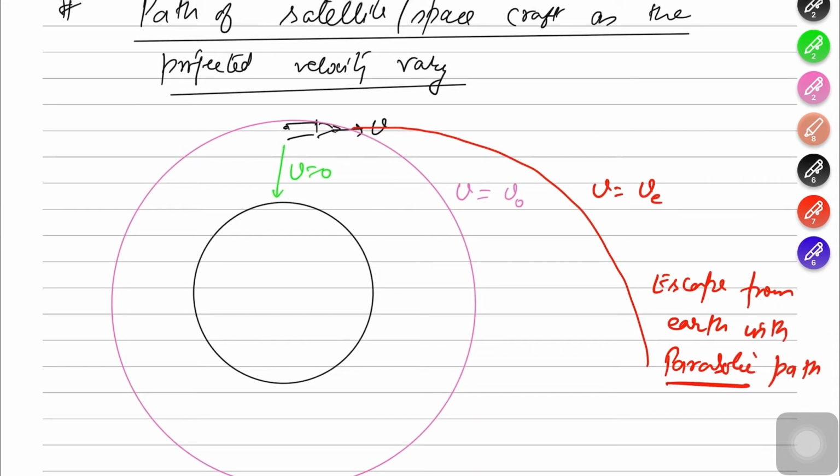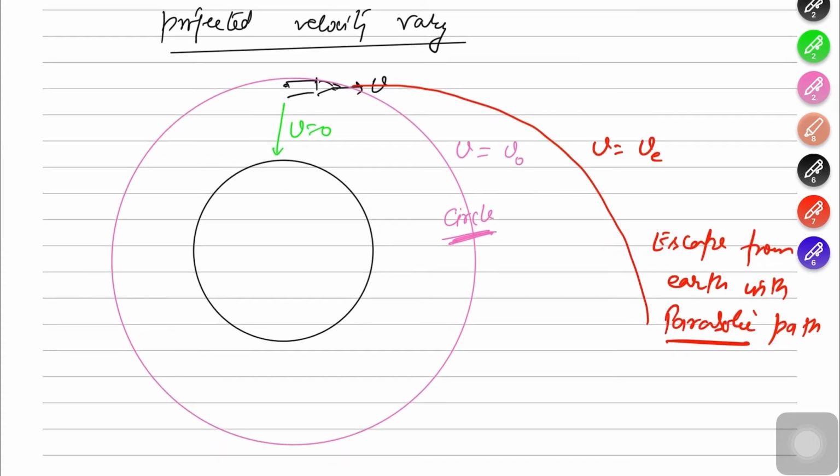Whereas in case a spacecraft is projected at orbital speed, then it will revolve around the Earth and the path followed is a circle. And if projected with escape velocity, then it follows the parabolic path.